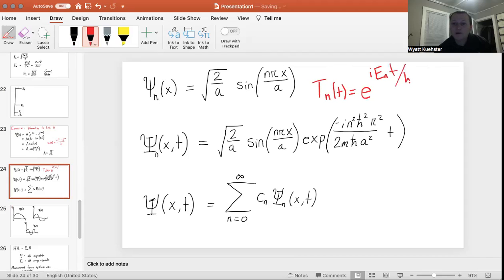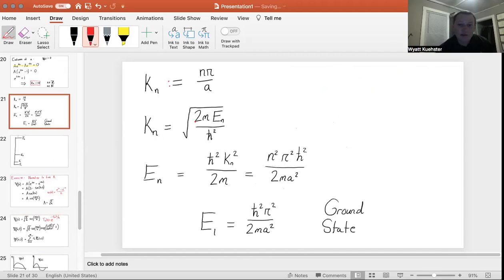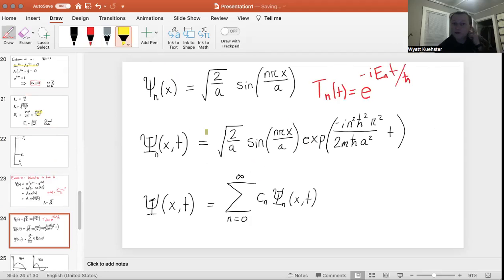And then all I've done is substitute in the expression that we just found for the quantized energy levels. So I just subbed in this whole expression here for En. Okay, so that's the nth stationary state. Again, the probability density of this is independent of time.